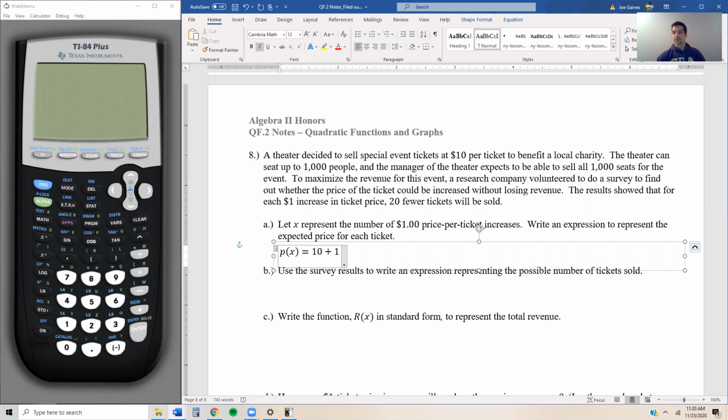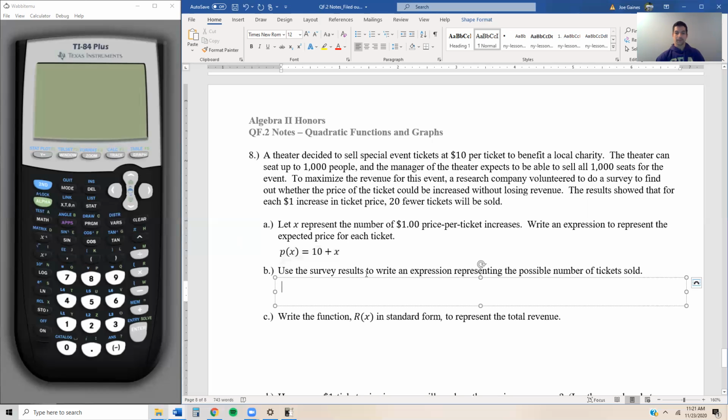We don't know how many times we're going to add 1, so we're going to let that be X. X represents the number of $1 ticket price increases. So P of X could be 10 plus 1X, or just 10 plus X. So the original cost was 10, and then we're adding $1 X amount of times. We don't know how many times, but we're going to change that price.